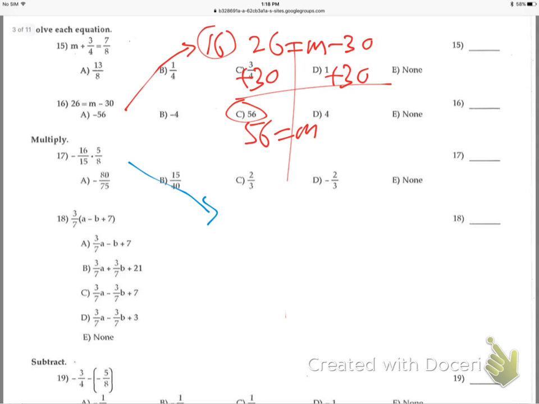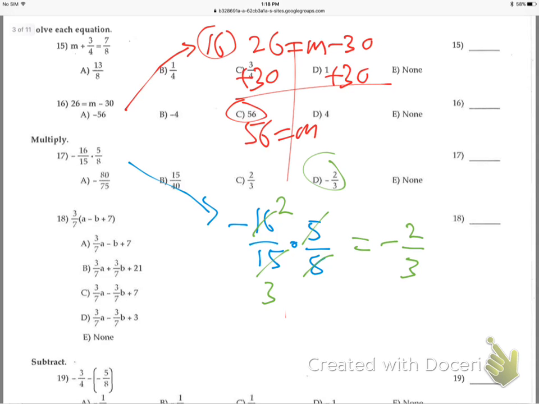You cross cancel, right? So minus 16/15 times, was that 5/8? So you cross cancel. You say 5 goes into 15 3 times, 8 goes into 16 2 times. Answer is minus 2/3. D. So far so good. You can use a calculator on the test.